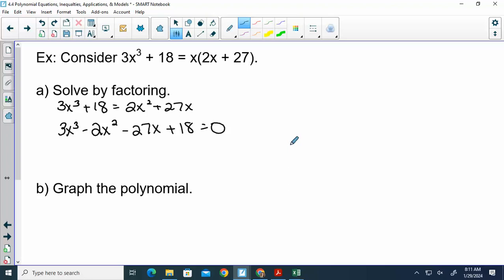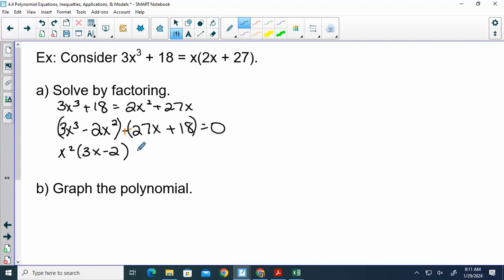Remember with grouping, we want two parentheses that we can factor something out of, but you cannot add a parenthesis after a negative. So first I need to make this a plus negative 27. Then I can put the first two in a parenthesis and the second two. So the first parenthesis we can take out an x squared. We have a 3x minus 2 left.